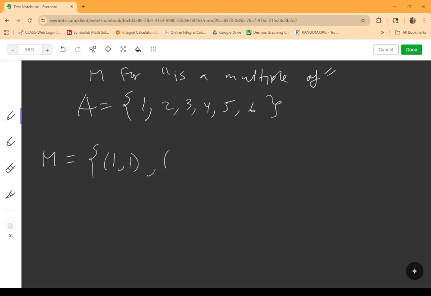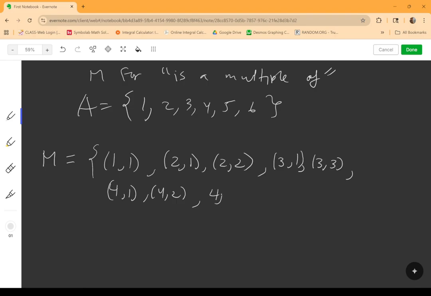So now, 2 is a multiple of 1, but 2 is also a multiple of itself, 2. And then 3 is a multiple of 1, and 3 is a multiple of 3. 4 is a multiple of 1, 4 is a multiple of 2, and 4 is a multiple of itself.